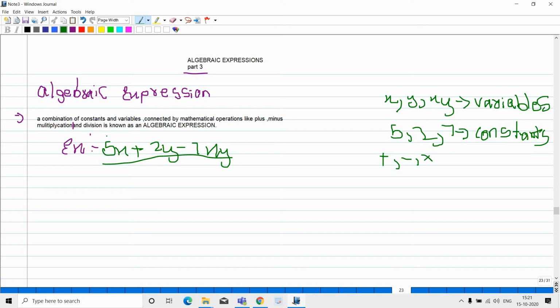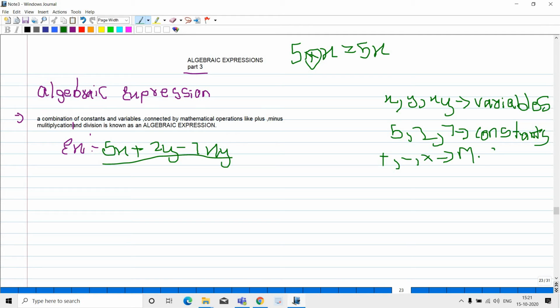How? When 5x, see here, 5 into x, that is equal to 5x. So here 5 and x are in product, 5 into x. This symbol is multiplying 5 and x. So into.